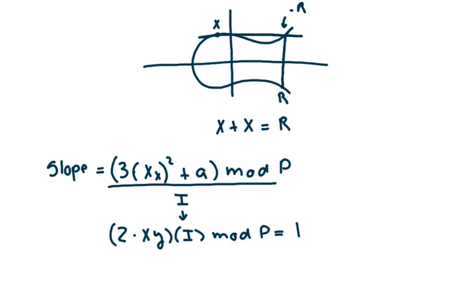And the derivation for this is actually pretty interesting. It does require some knowledge of elementary calculus. So if you're not familiar with that, then you can just skip ahead to find out how to compute the coordinates of point r in point doubling situations.